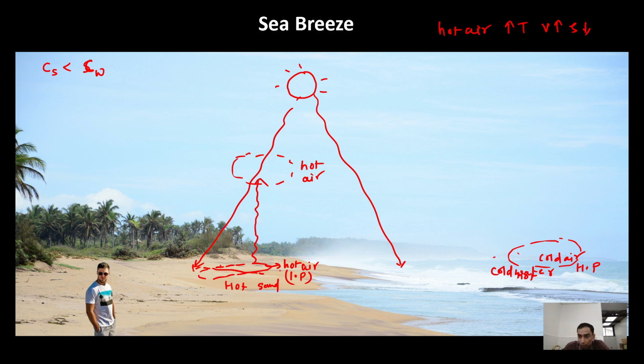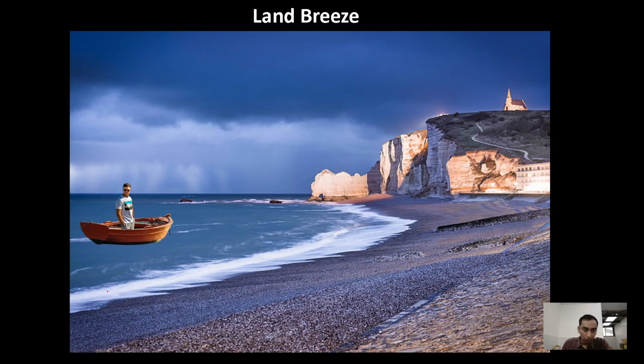So now the cold air goes from high pressure to low pressure and replaces the hot air over here. So this James Bond standing over here will feel the cold air coming from just above the water, and that is known as sea breeze. So the cold wind coming from the sea towards the land is known as sea breeze, and this happens during the daytime.